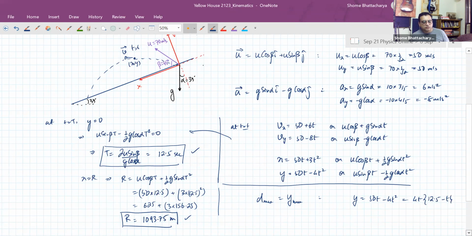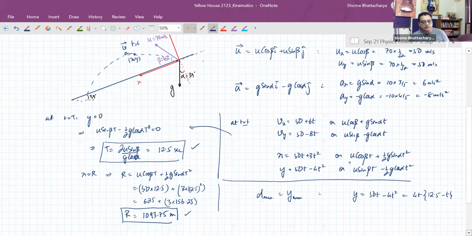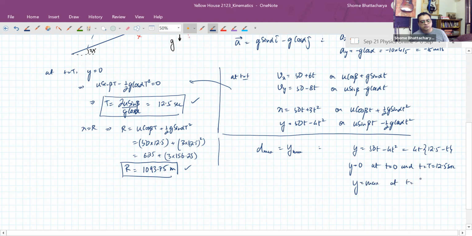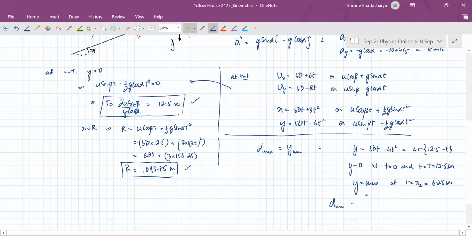So you can see that y is equal to 0 at t equal to 0 and t equal to capital T, which is 12.5 seconds. And y is maximum at t equal to 6.25 seconds.